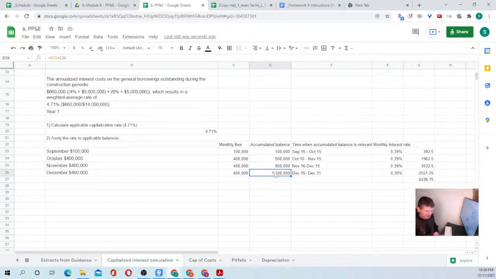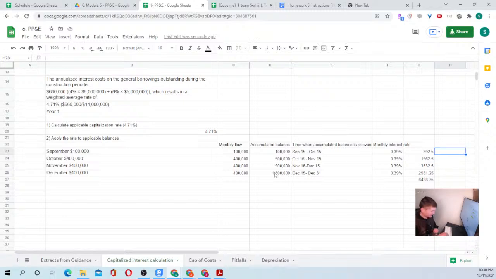That means that our borrowings are 1.3 million higher than they would have been if we used the cash to pay off the borrowings. And that means that we need to apply that monthly rate to that balance. But we only apply it to the half because we use a mid-month convention.